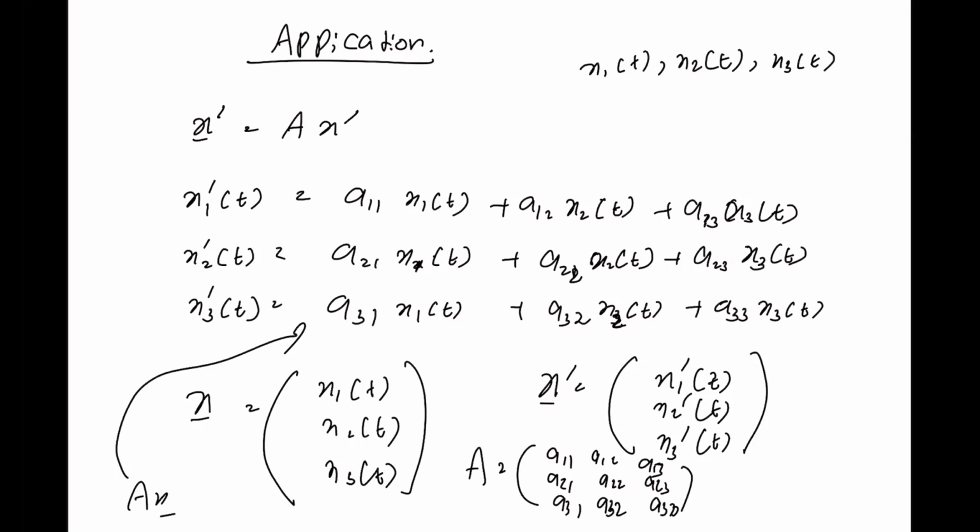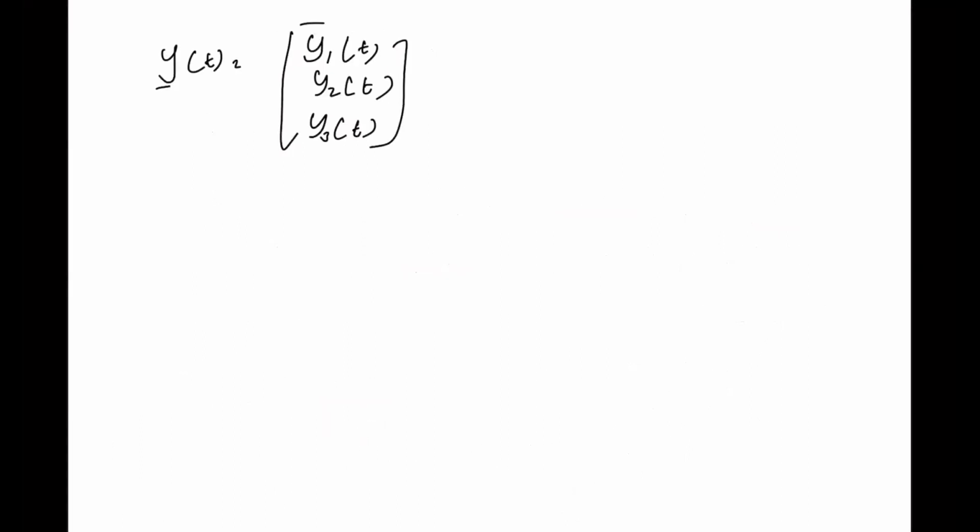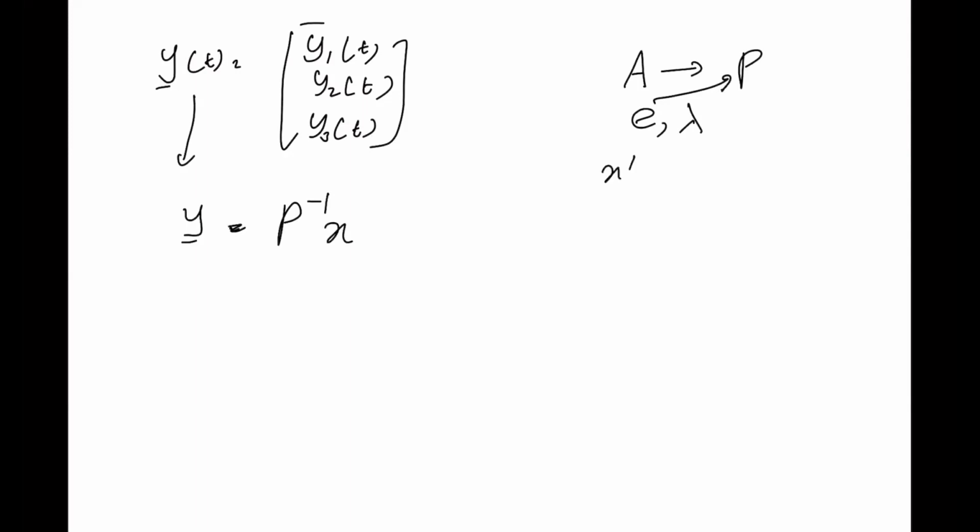Okay. So then you get y(t) as this, with the substitution: I write x equals P y, so y equals P inverse x. P is made from the eigenvectors of the matrix A. We can now write the equation set as x bar dash equals A x.